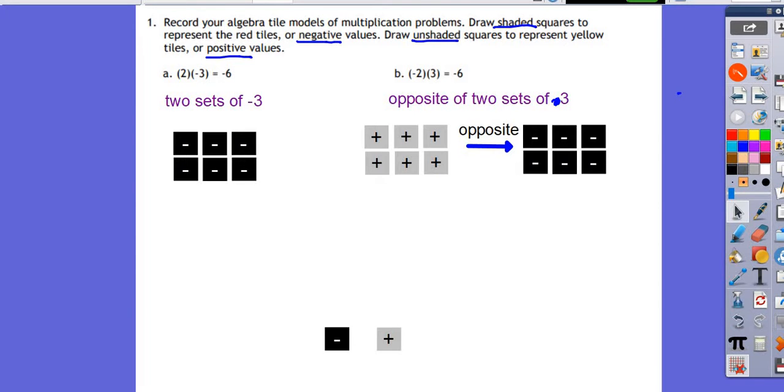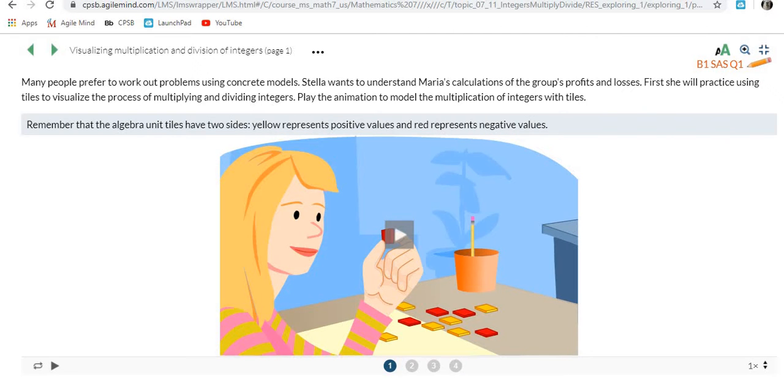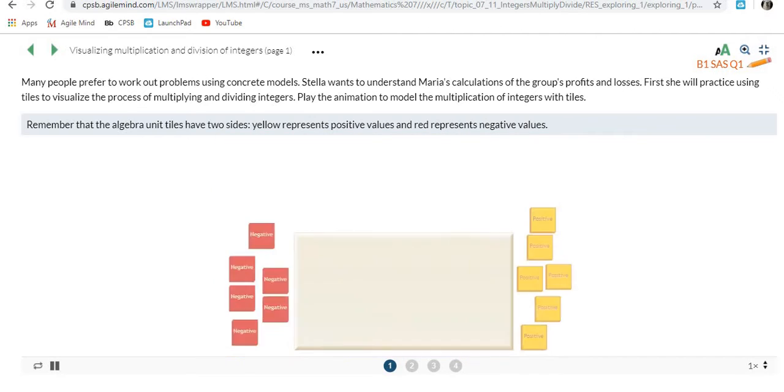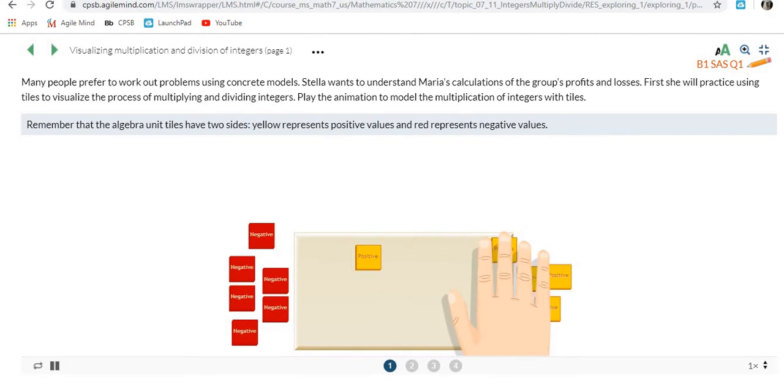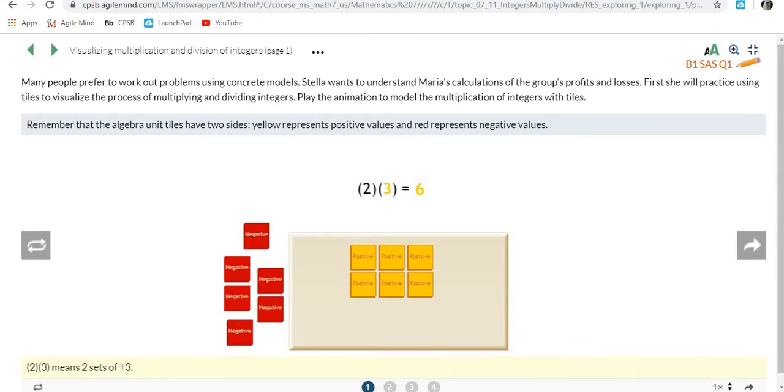Okay, let's watch their video clip of how they show those same problems being done. So first, she's going to show us 1 set of positive 3. Then she's showing us 2 sets of positive 3. And we know that equals 6. That wasn't one of our problems, right? She's just setting us up.